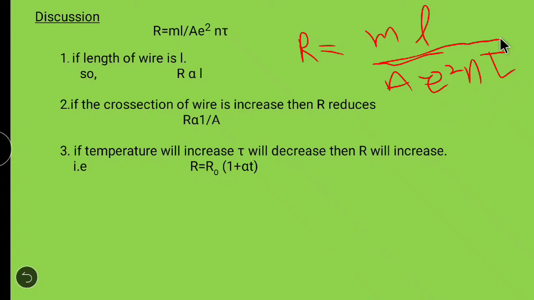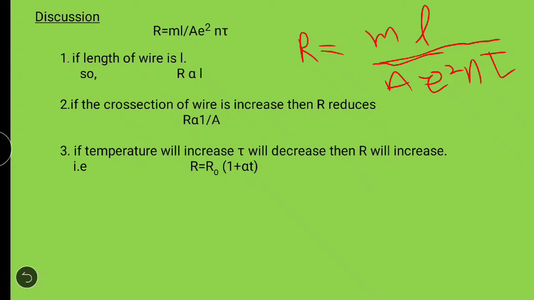Now students, let us discuss about tau. When tau will increase, then R will decrease. When tau will decrease, R will increase, because R is inversely proportional to tau. Students, when you will increase the temperature of the wire, then the time taken between two successive collisions will decrease.